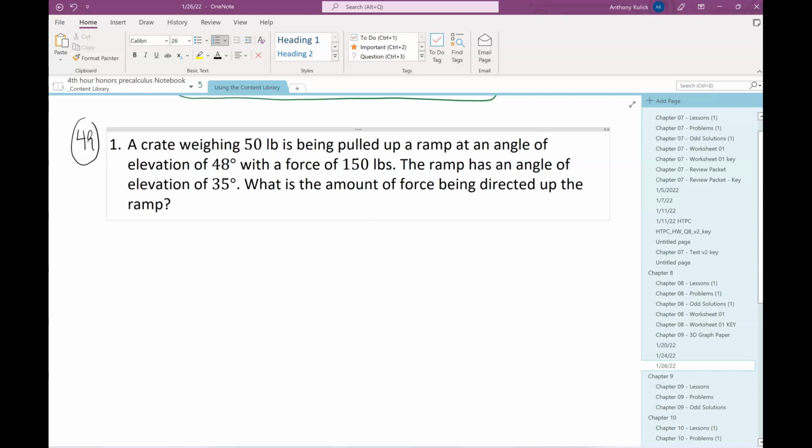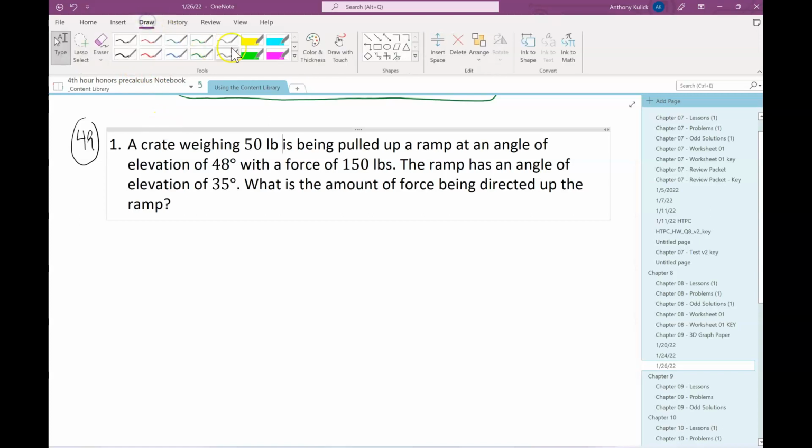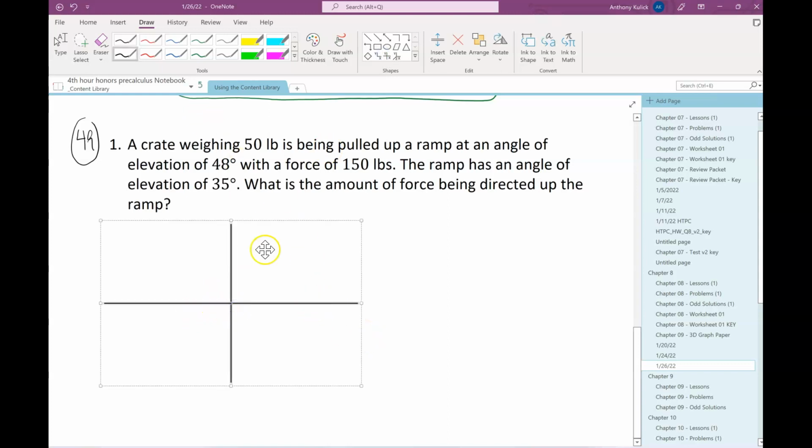The ramp has an angle of elevation of 35 degrees. What is the amount of force being directed up the ramp? So when we read this, Jackson, how many vectors do you hear? 2. That is the problem.